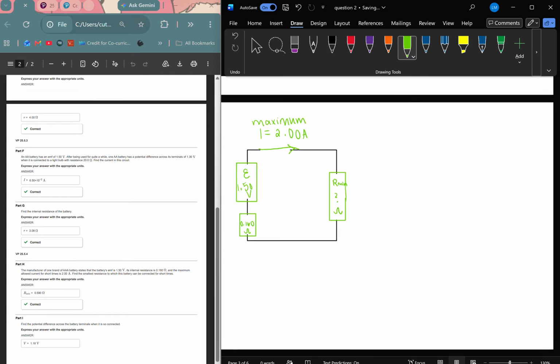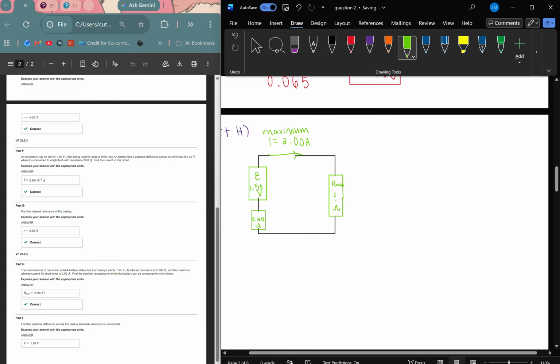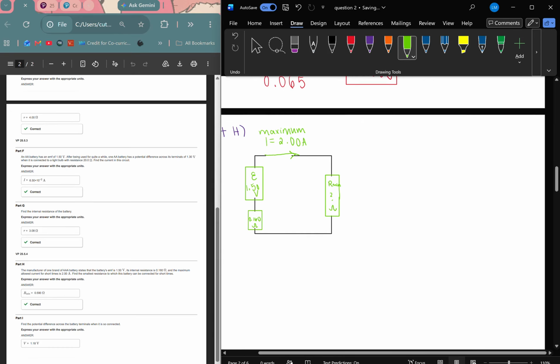So we are given all these, and so we're basically finding the big R, if you can say it like that.